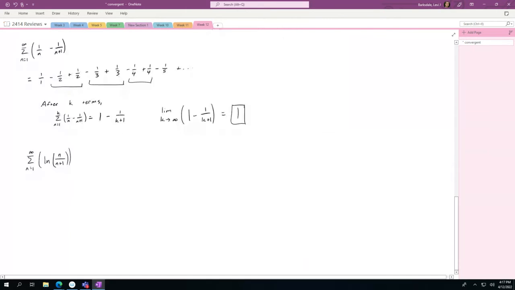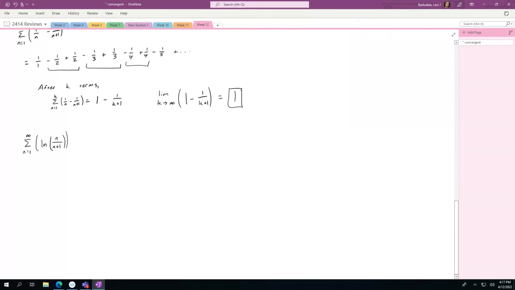Sound good? I can use my log rules: division inside a log is equal to subtraction of two different logs, right? So this is the natural log of n minus the natural log of n plus 1.